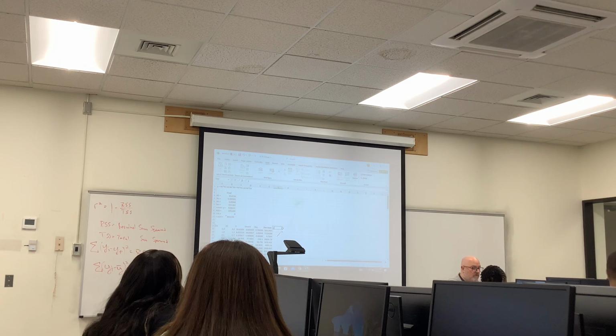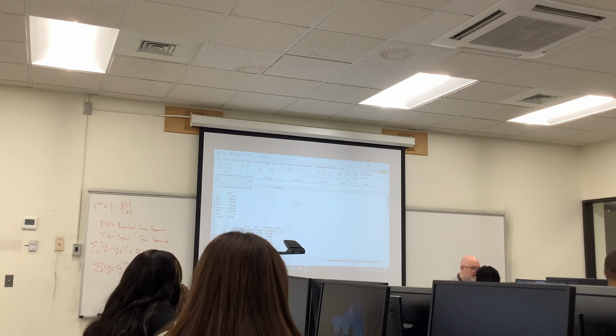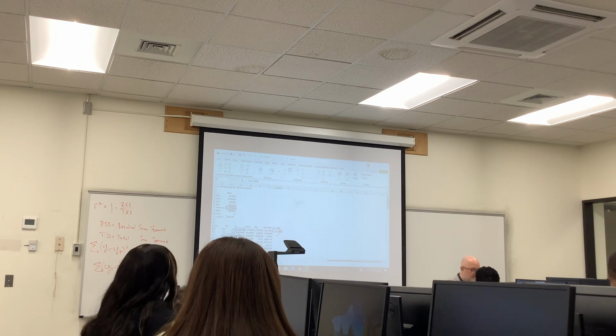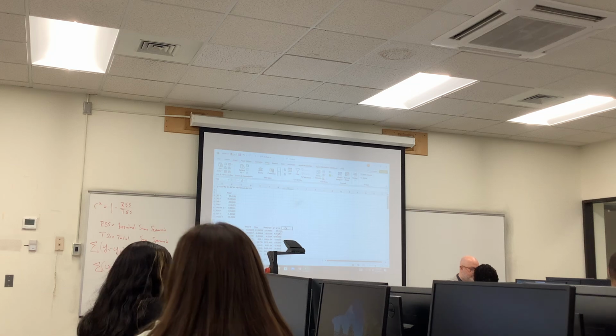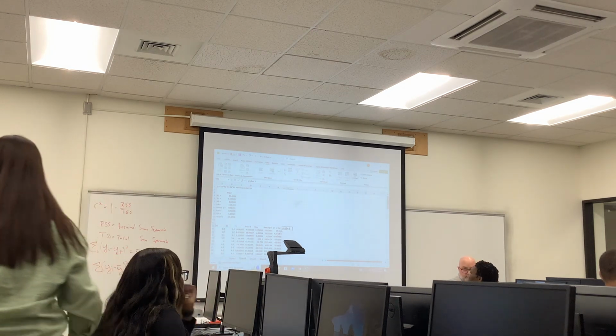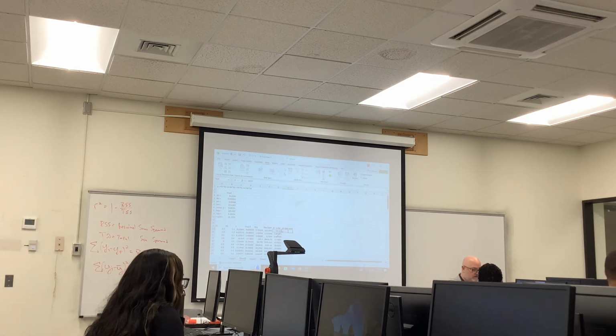So now I can do yi minus y bar. Yi minus y bar, lock the y bar. Yi minus y bar squared. So we're basically just building the exact stuff we did on the last one.